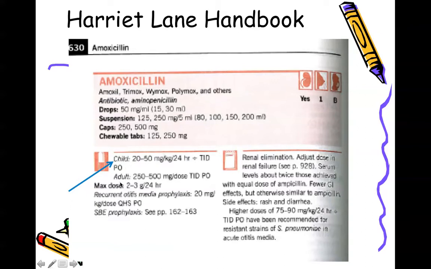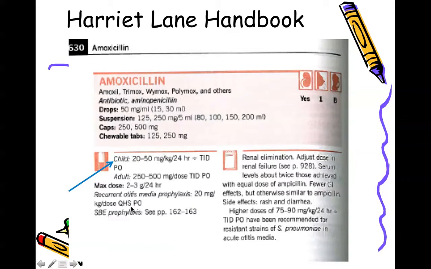This is an oral medication. But if you read further here, and this is where it gets a little bit confusing for people who are less experienced writing pediatric prescriptions, it gives you the maximum dosage at 2 to 3 grams per 24 hours. It tells you about the indications, what dosage you would give for recurrent otitis media prophylaxis, which is not what we're going to be doing. That's a once-a-day dose at bedtime.